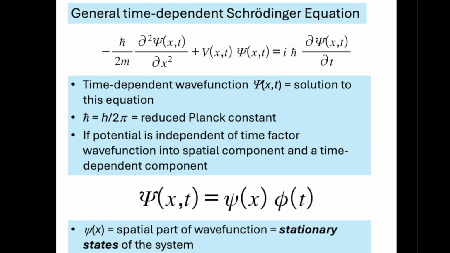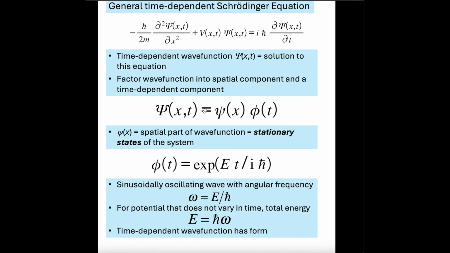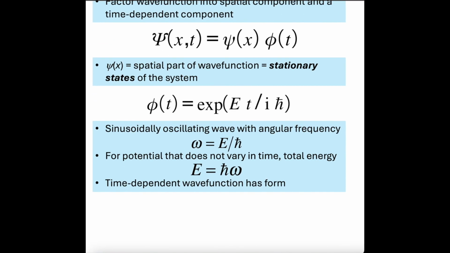Why do we say it describes the stationary states of the system? Well, let's do this. Let's take that generalized time-dependent Schrödinger equation and say we've got a potential that doesn't vary with time, therefore we can factor it, as we've seen here, into a spatial and a time-dependent part. What is this time-dependent part?